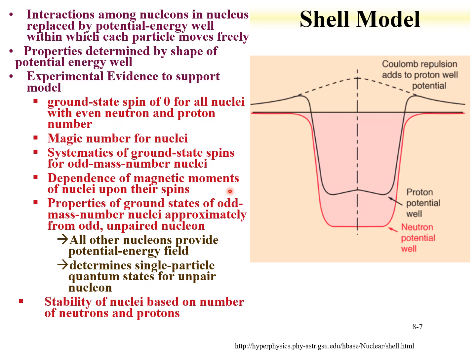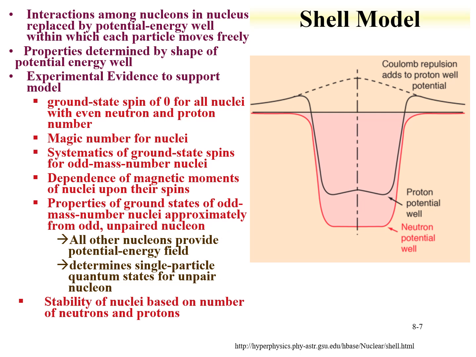There's some systematics on ground state spins for odd mass numbered nuclei, the relationship between magnetic moments and their spins, and some of the properties of ground states of odd mass numbered nuclei can be determined from that odd unpaired nucleon.